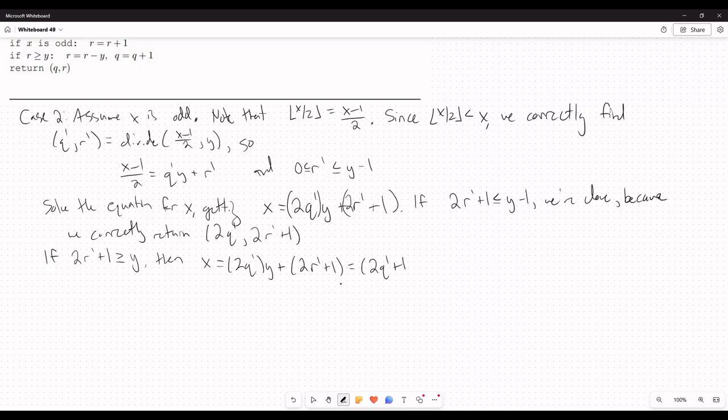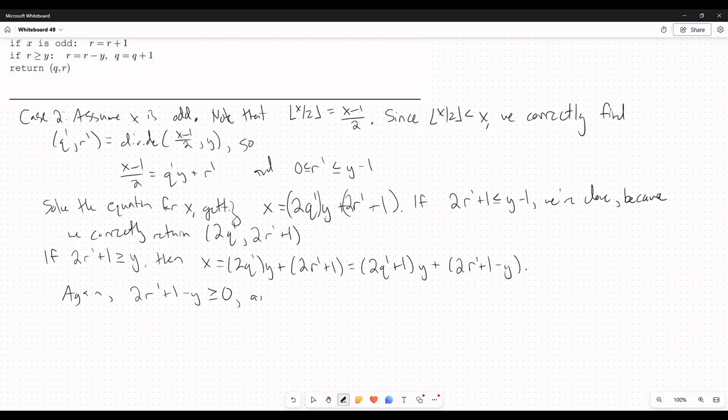We'll add 1 here, and then we'll subtract y from here. Again, for very similar reasons, 2r prime plus 1 minus y has to be greater than or equal to 0.